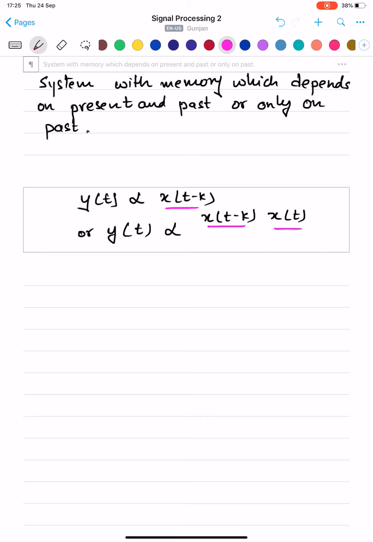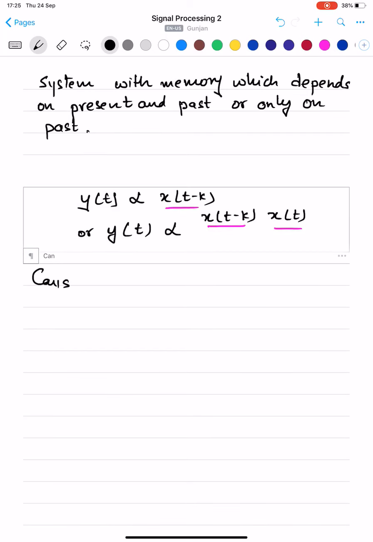Next one is the causal and non-causal system. In some books or at some places you will find that non-causal is also written as anti-causal system.